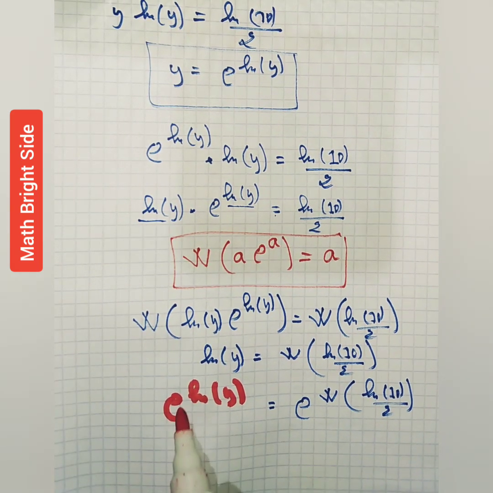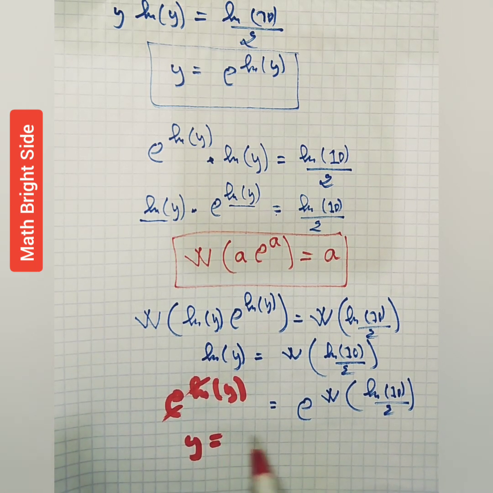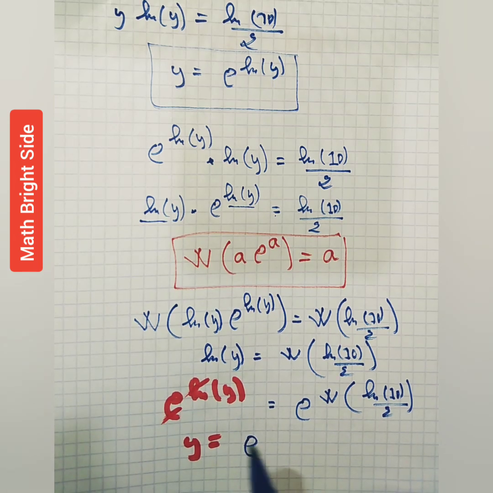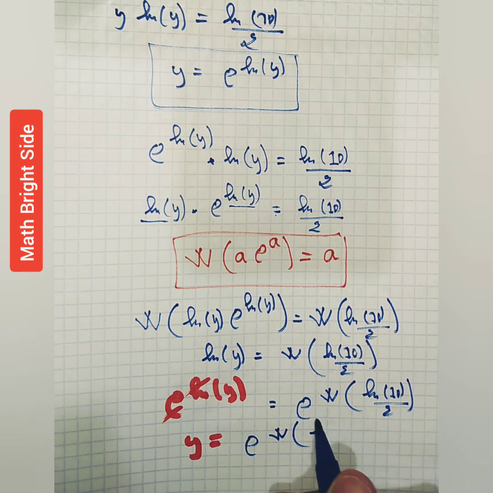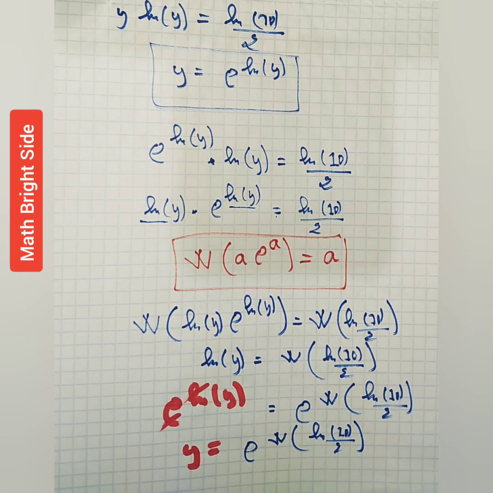We simplify this and this, y equals exp(W(ln 10 over 2)).